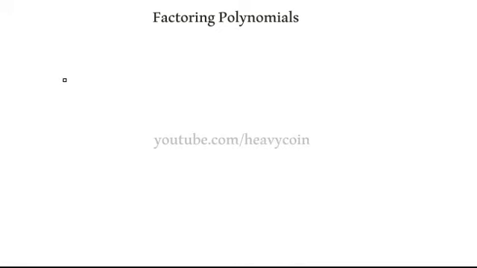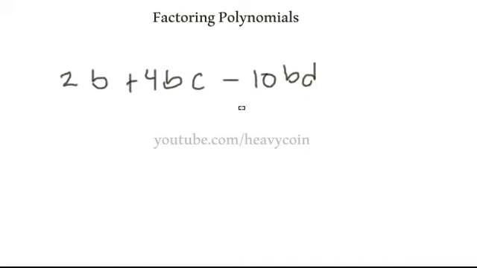Alright, let's use some different letters this time. Let's say I had 2b plus 4bc minus 10bd. Okay, what can we pull out? We've got a b in each one of these, so we know we can pull that out, and there's a 2, 2 goes into 4, and 2 goes into 10.